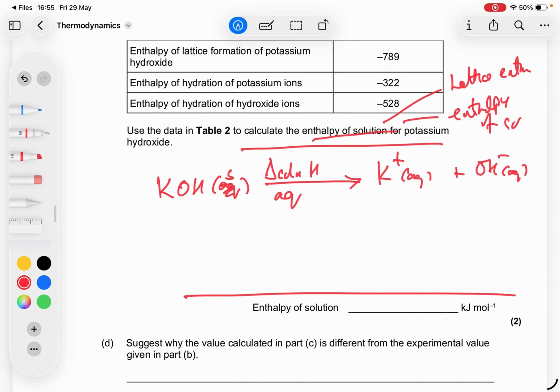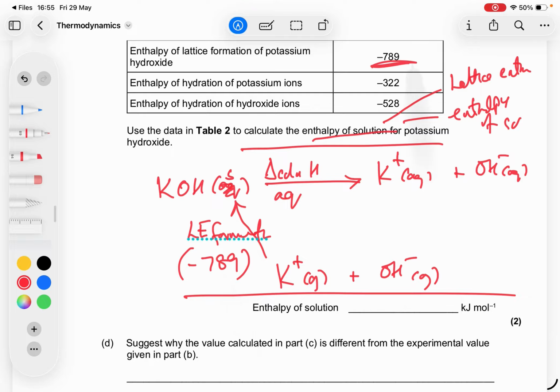So right at the bottom here, I'm constructing a Hess cycle. Potassium gaseous ion and hydroxide gaseous ion. My arrow goes up because lattice enthalpy of formation is the formation of 1 mole of ionic lattice from its gaseous ions. That's minus 789, as you can see there.